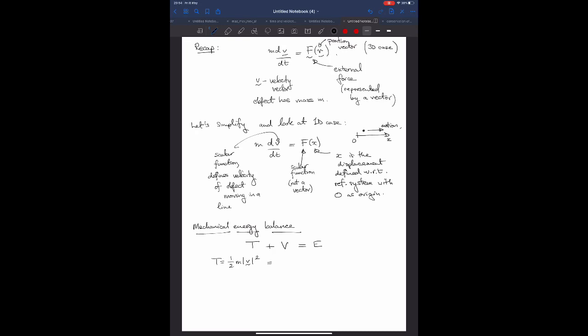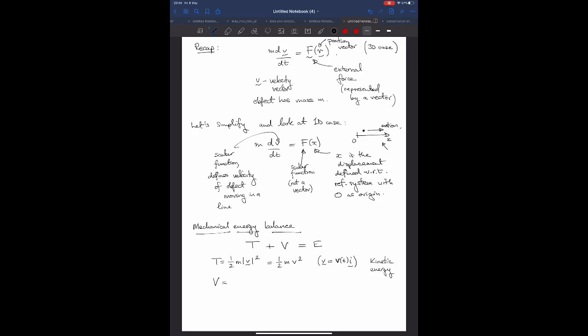In 1D, this is just this, using v defined in this way with respect to this system up here. This is the kinetic energy that the object has due to moving with some velocity v and having mass m.